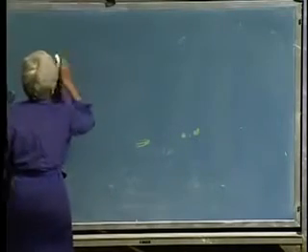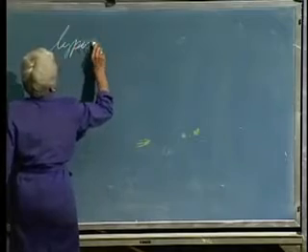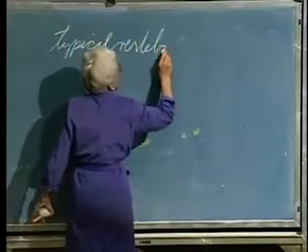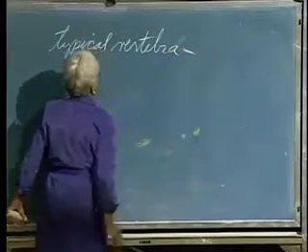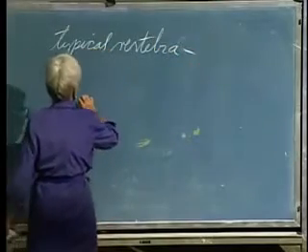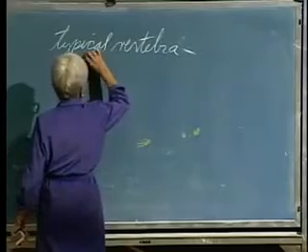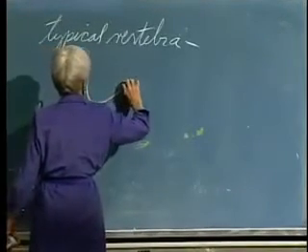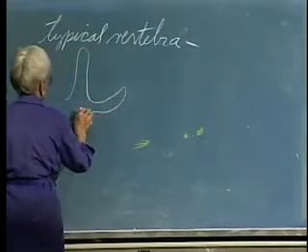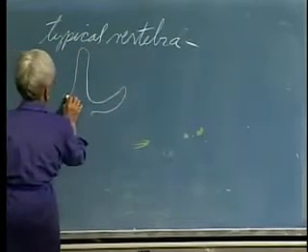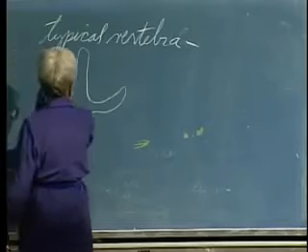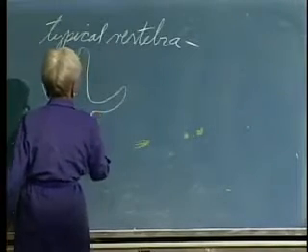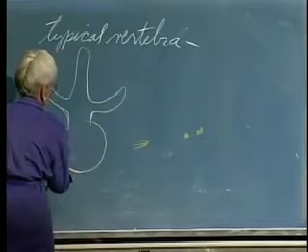So this is our typical vertebra. And it will look something like this. We'll have a spine coming up, a process coming out, coming down, and a body down here.